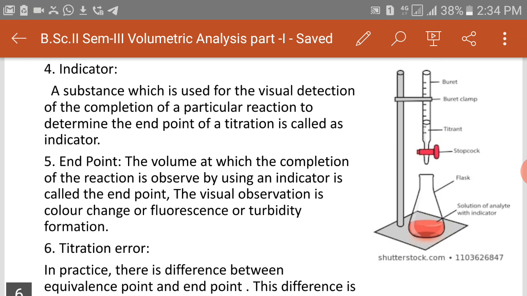Now, why does this titration error occur? It generally occurs because of some precautions which we do not take during the performance of the experiment. What precautions do we have to take during the titration? We should remove the air gap from the burette. See here, there is a marking on the burette, and below the stop cock there is also a tube.